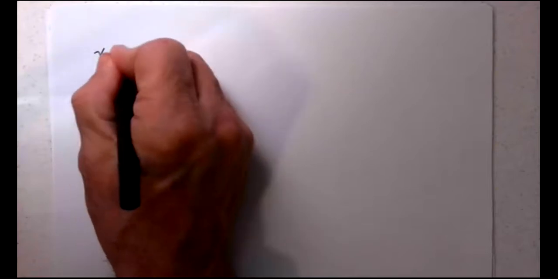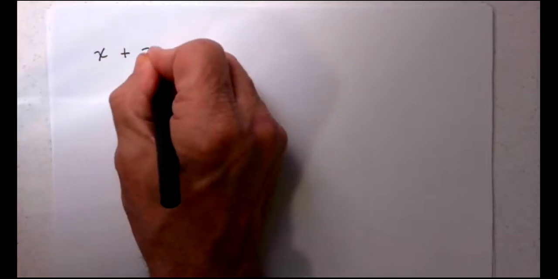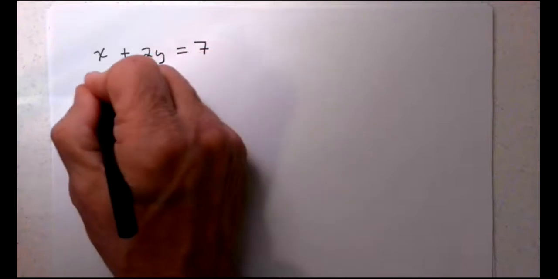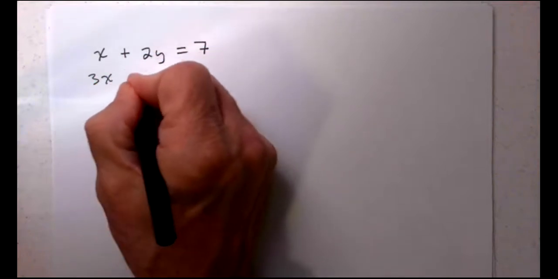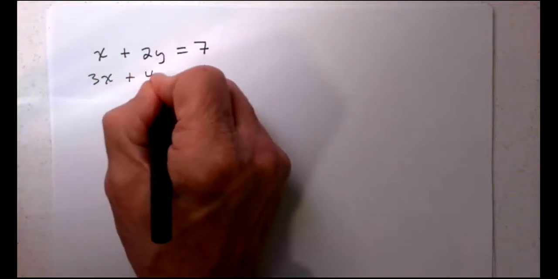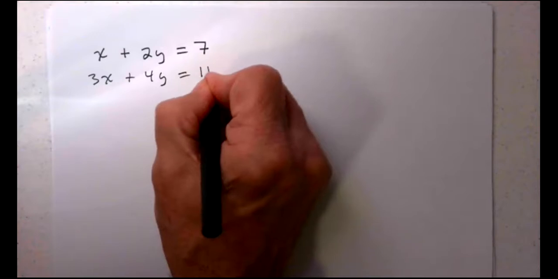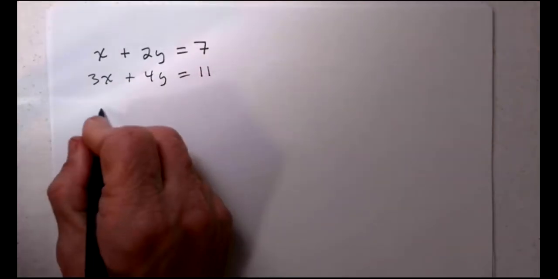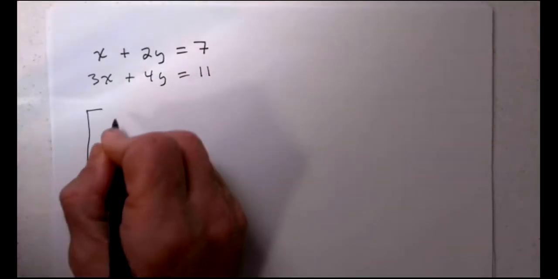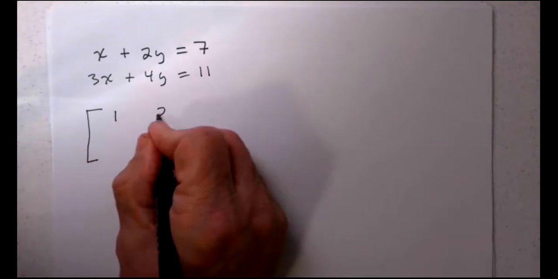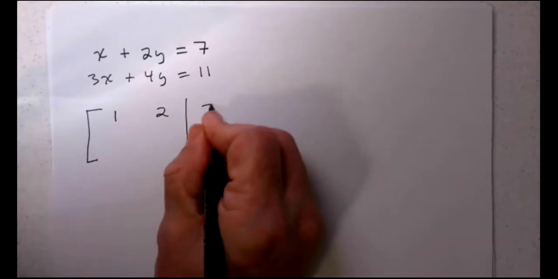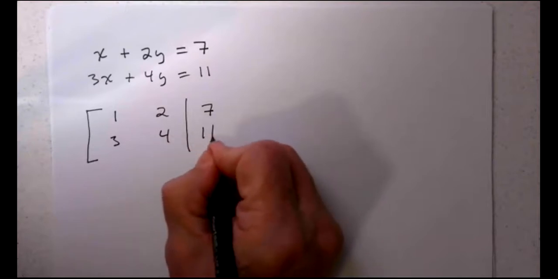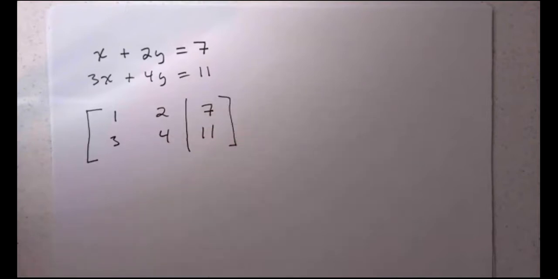We have x plus 2y equals 7, and we have 3x plus 4y equals 11. Using elementary row operations, we're going to rewrite this as an augmented matrix. 1, 2 equals 7, 3, 4 equals 11.